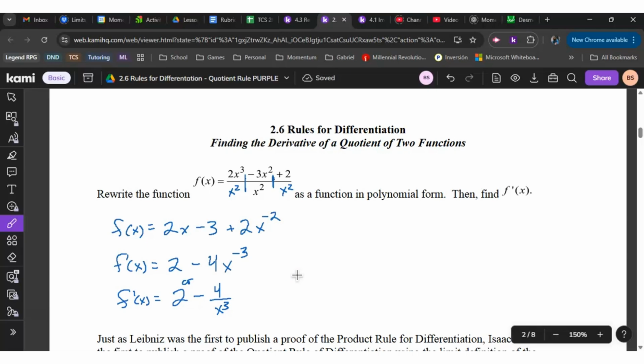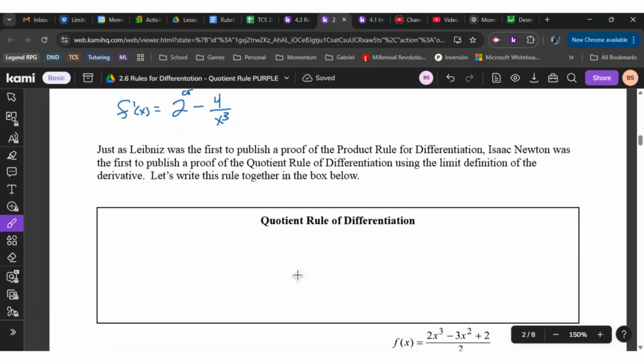In this case, that's not too hard. But let's go ahead and write down what these two gentlemen smarter than us figured out a long time ago. So Leibniz was the first to publish this one.